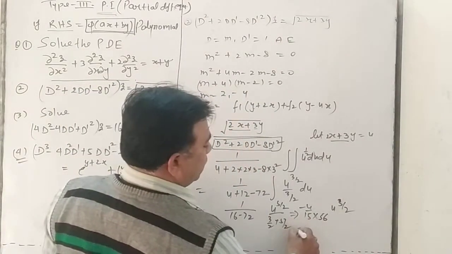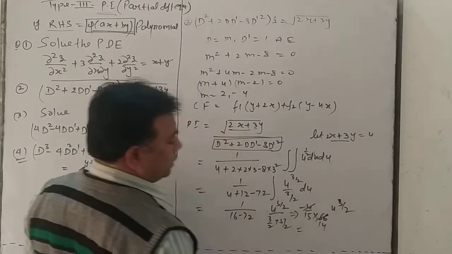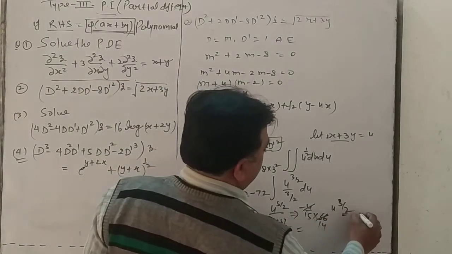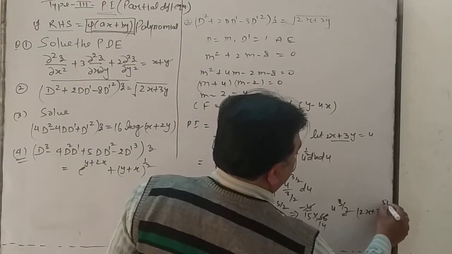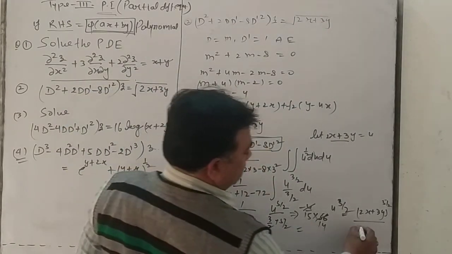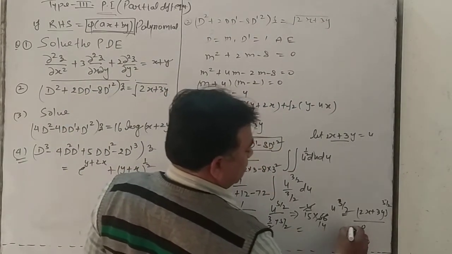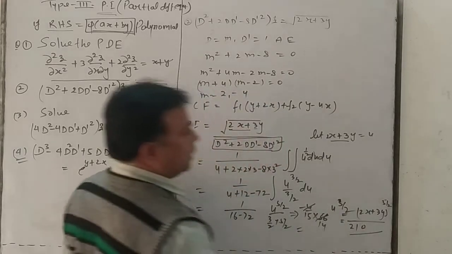Putting the value of u, 2x plus 3y whole power 5 by 2, multiplied by 1 upon 210. This is the PI of the partial differential equation.